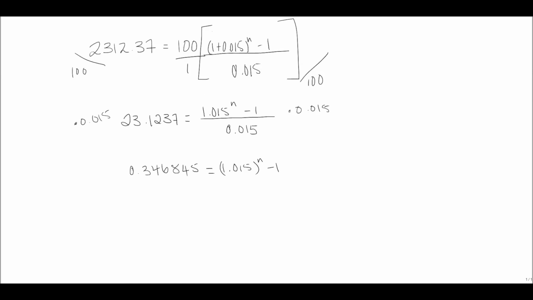So common sense and knowledge of algebra tell us to add 1 to both sides. Now we have 1.346845 is equal to 1.015 raised to the power of n. Okay, so we're getting a little bit closer than we were when we started.